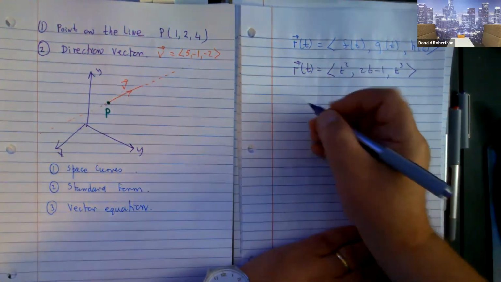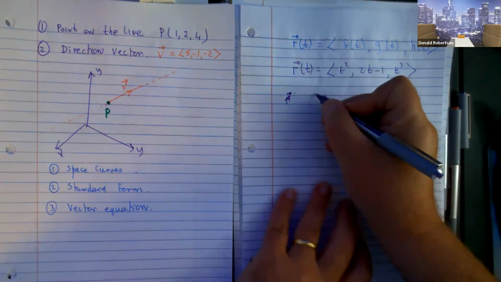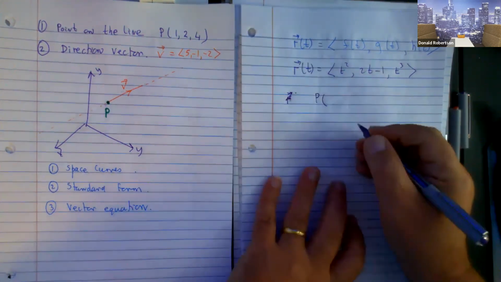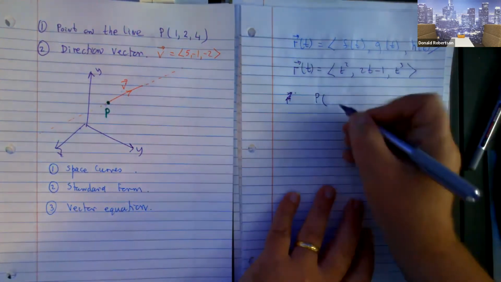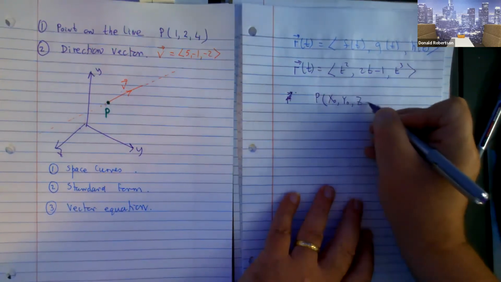So for this, let's generalize it. P is going to be the point x0, y0, z0.